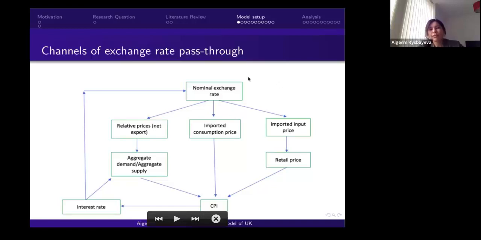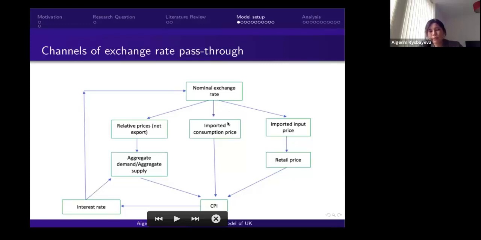So let's suppose there is a shock to the exchange rate, like, let's say, foreign interest rate shocks or UIP shocks. It's going to affect the CPI level by 3 channels. First of all is through the aggregate demand channel, so relative prices. The next one is through import prices.